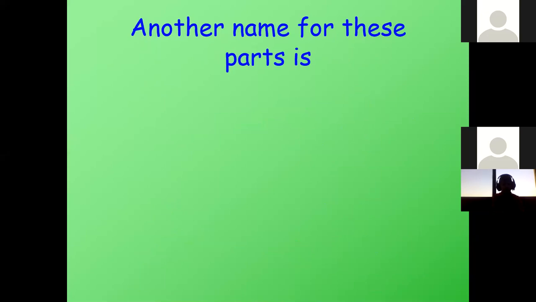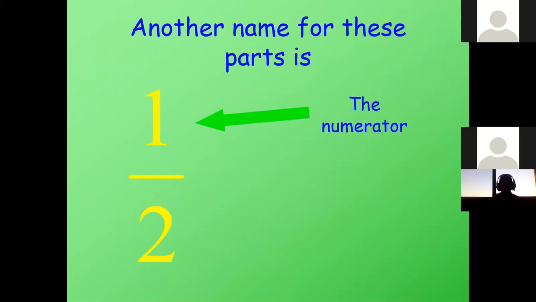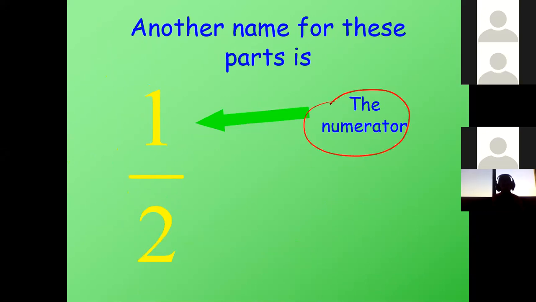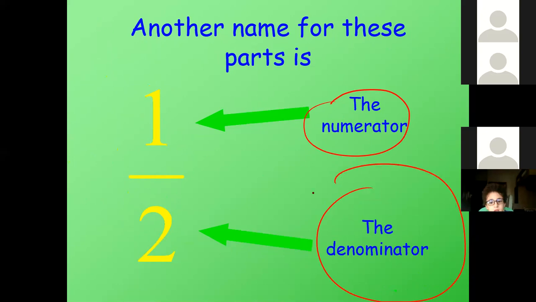What can we say about 1? What can we say about 2? Did you remember from grade 4, 1 we call it what? Numerator. 2 we call it what? The denominator.